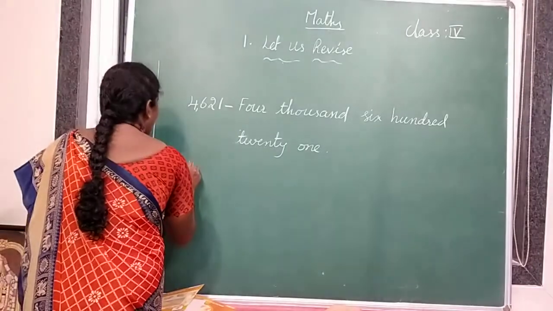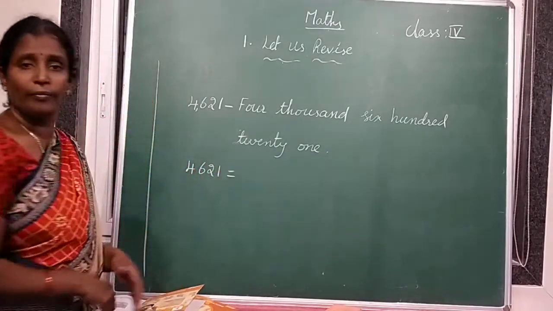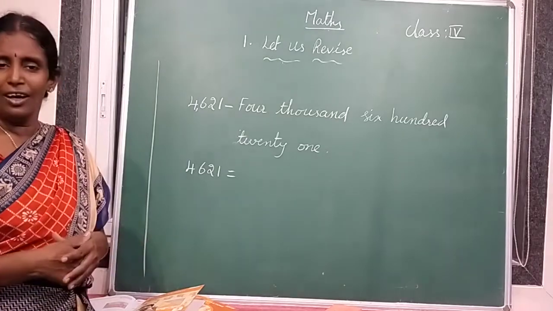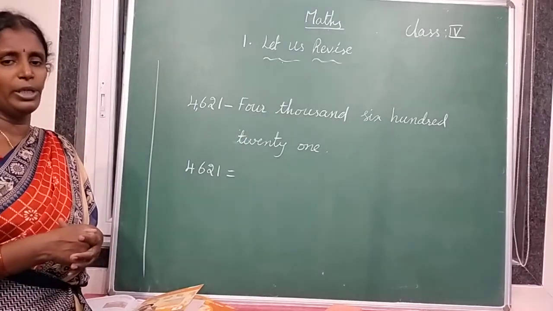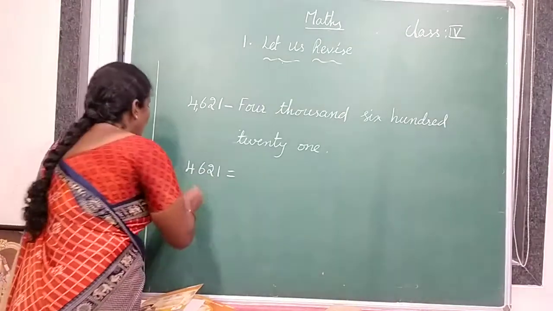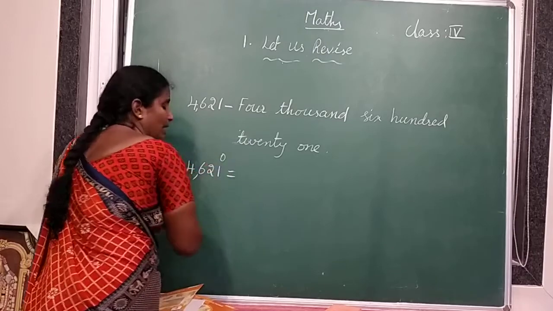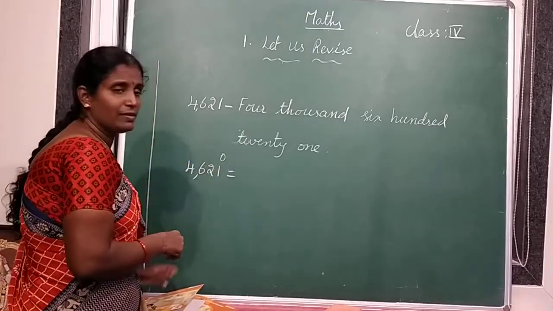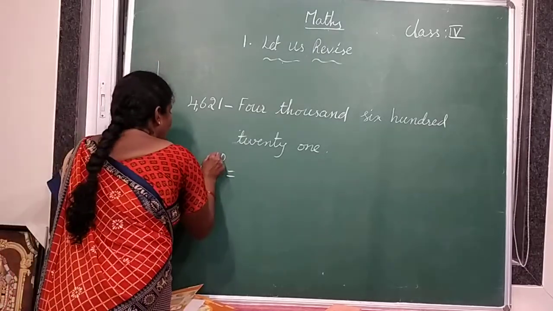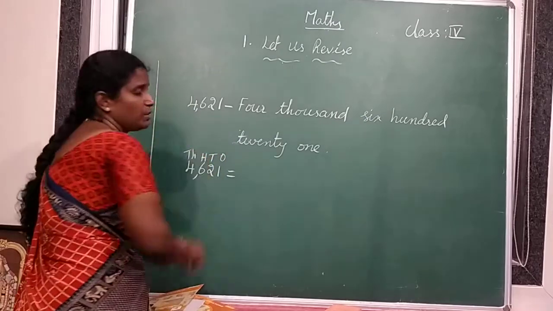So can you write the expanded form? Do you know the expanded form? Already we learned in previous class, no? So everybody knows expanded form. To write the expanded form, we can write the place values also: ones place, tens place, hundreds place, thousands place.